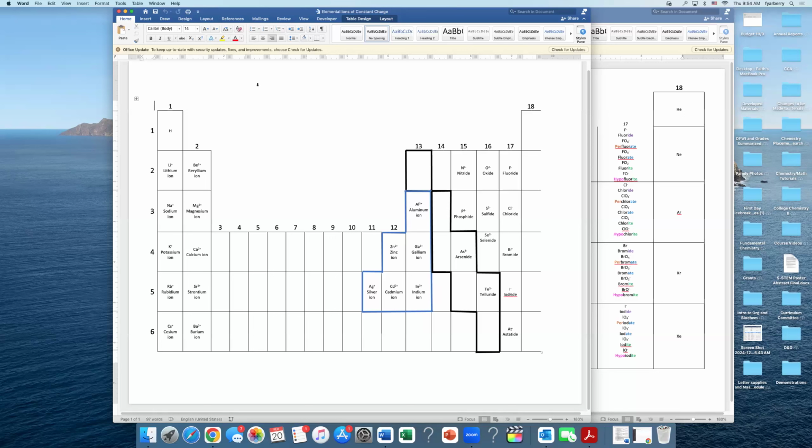The next thing I want us to look at is the anions, which are your nonmetals and metalloids. You will notice that if you have a nonmetal or metalloid in group 15, they always form a -3 charge if they're part of an ionic compound.